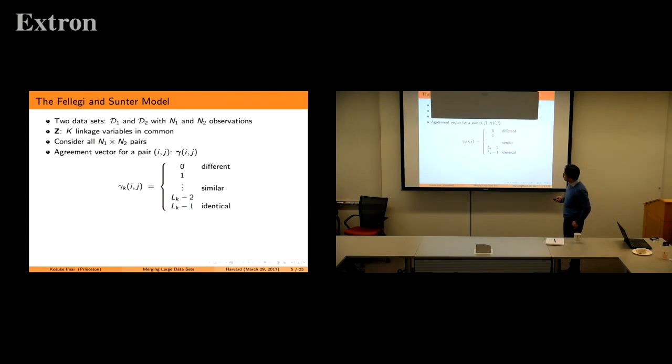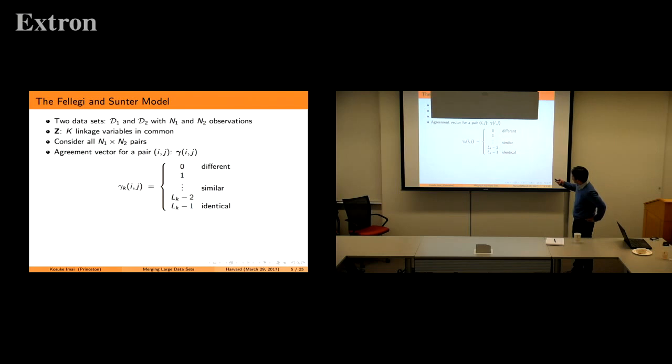And basically, once you pair these observations, we are going to look at each linkage field and see whether the two observations have the same value, whether you have the same name or a different name. And depending on the field, for example the name, there may be some spelling errors, so you might want to also quantify similar names. There are different ways to quantify this, such as distance measures that you can come up with.